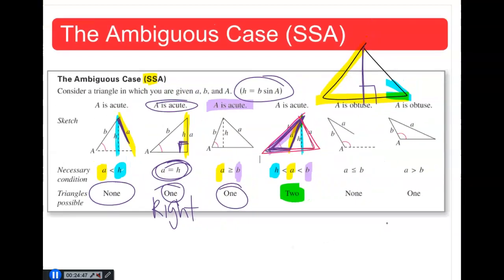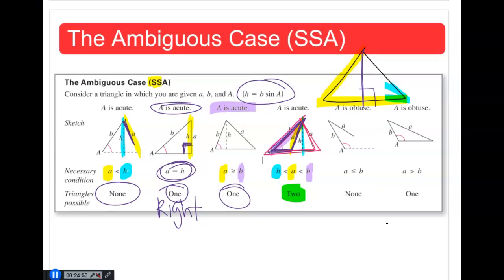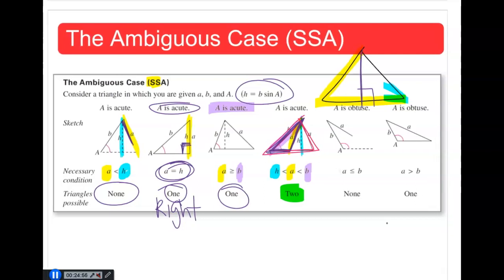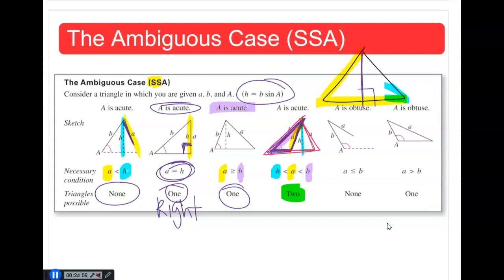Then another case where you could have no solution at all is if side A, and make sure you have your notes when you do your homework, because you do have some of these questions, side A is less than or equal to side B. So it's not only less than B, but also we have that condition with H. We don't have the condition with H, so we have no solution in this one.